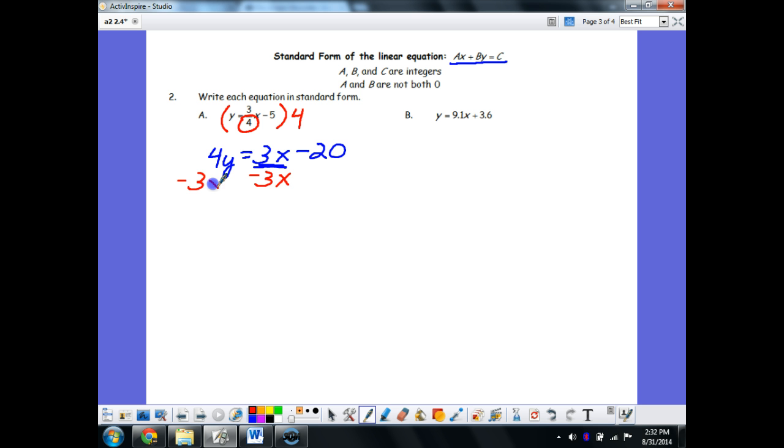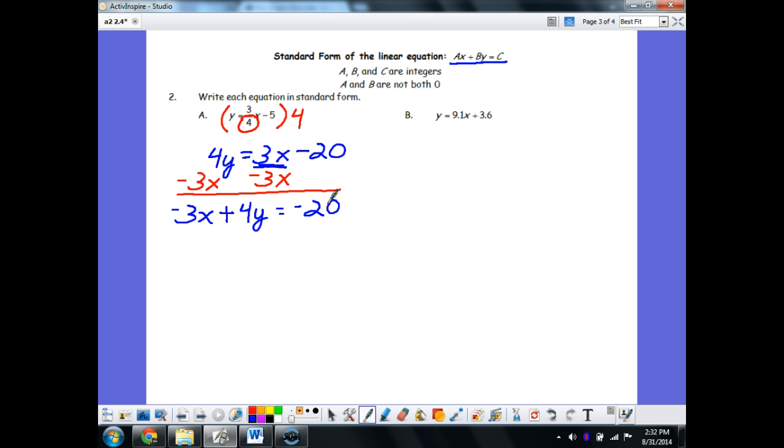So we are subtracting that from each side. And then, to make it look like standard form, we've got -3x plus 4y is equal to -20. And that equation is now in standard form.